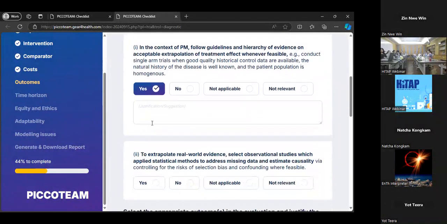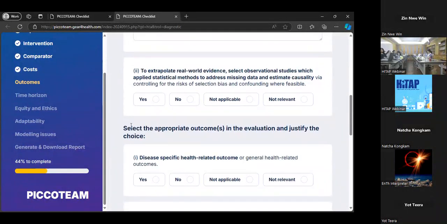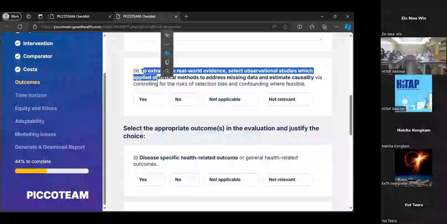But different from other generic reference cases, we make more recommendations about how to extrapolate real-world evidence because, in fact, for precision medicine, the clinical evidence on the effectiveness of the test itself will be scarce. The aim of precision medicine is to stratify patients into subgroups, and it's very difficult to obtain comparative effectiveness from a designed trial for these subgroups. So sometimes you need to extrapolate real-world evidence.